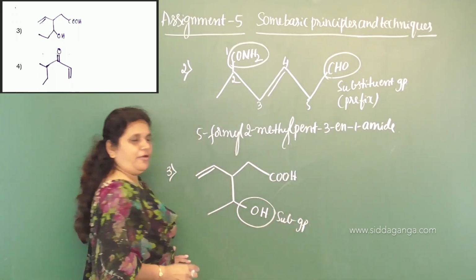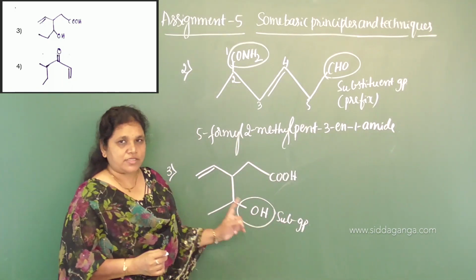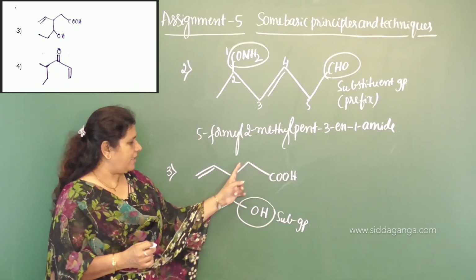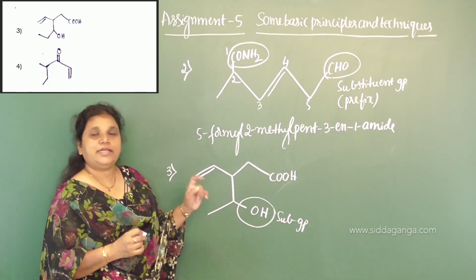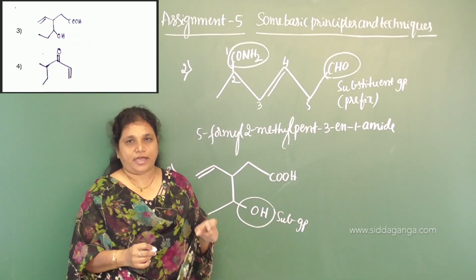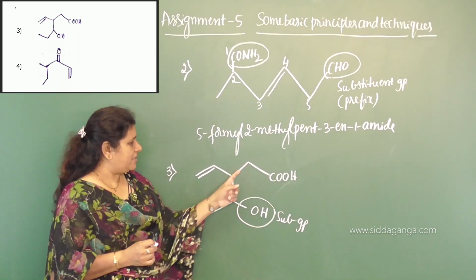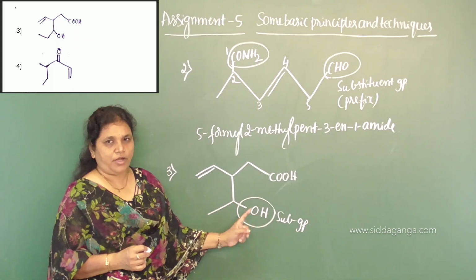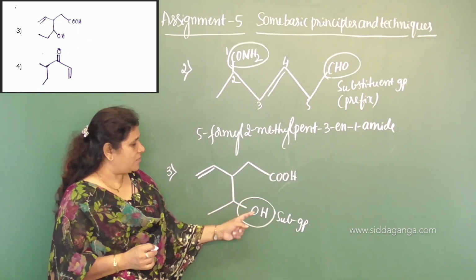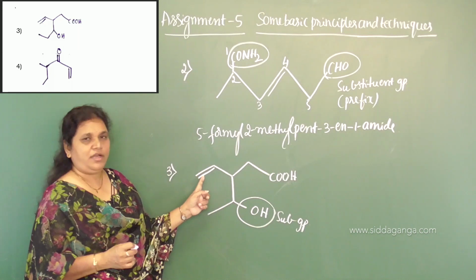group now. And we need to use the prefix hydroxy for this, and you select the carbon chain containing the functional group first, and that will be the selected parent carbon chain. If you select this chain here, then it does not include the OH group, the alcoholic group, because preference goes to alcohol and then to the double bond.